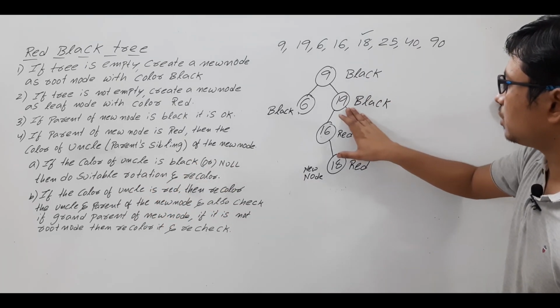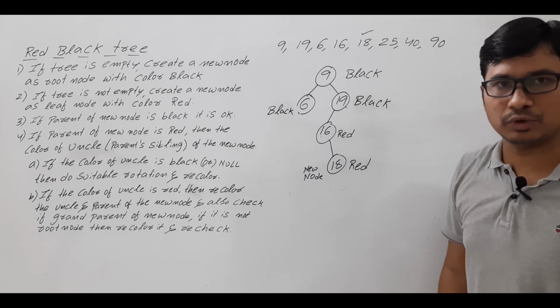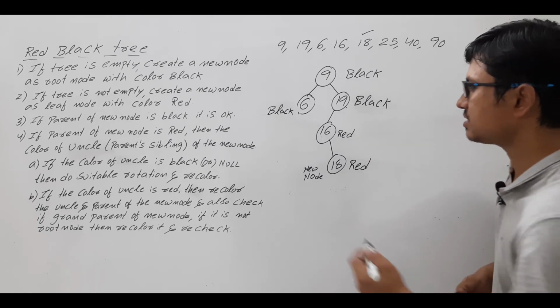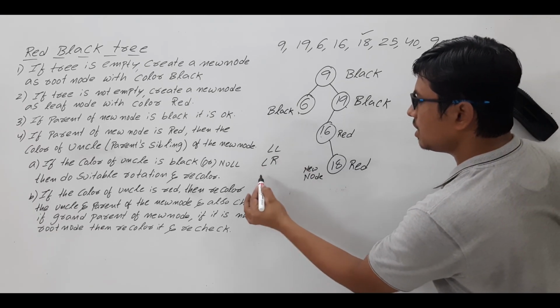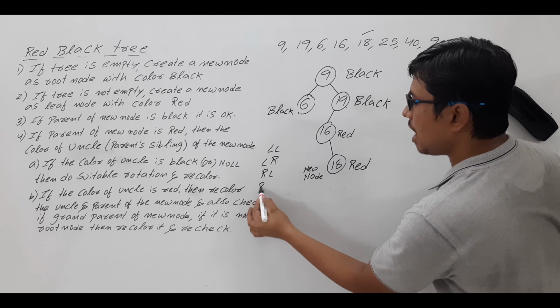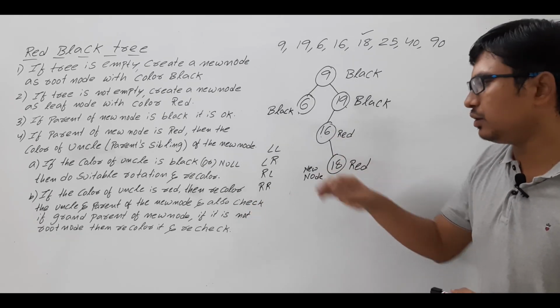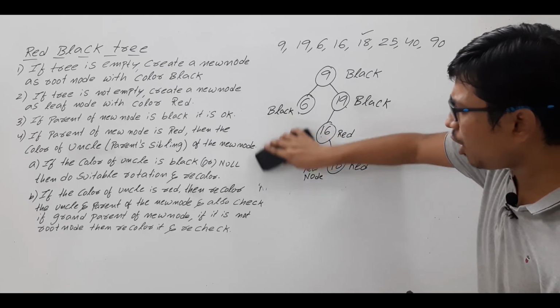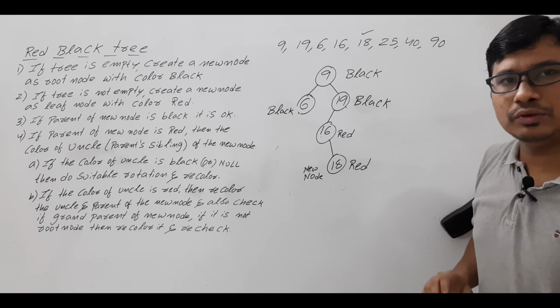Do suitable rotation. Rotations we have already discussed when discussing the AVL tree, such as LL rotation, LR rotation, RL rotation, RR rotation. So we need to check which rotation we need to follow and do accordingly. Now how can I identify which rotation I need to follow? This is the new node.